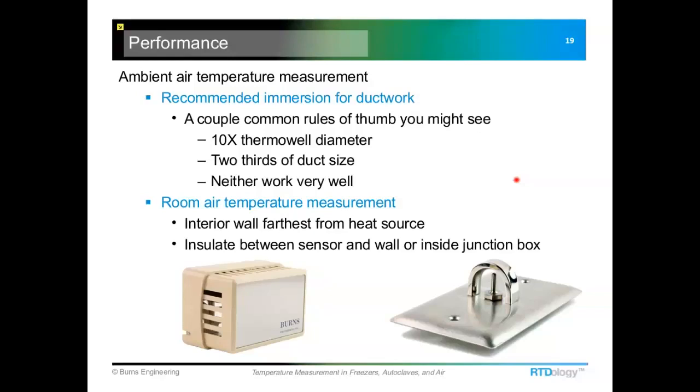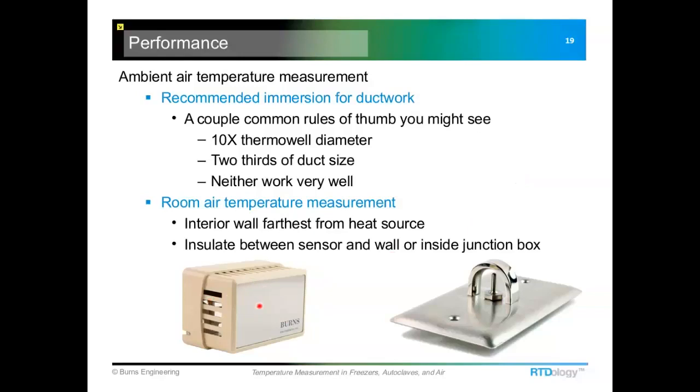Room air temperature. Typically, they'll put these on a wall that's the furthest from the heat source. And one thing that gets overlooked frequently is when you mount these sensors into a junction box, into a wall.